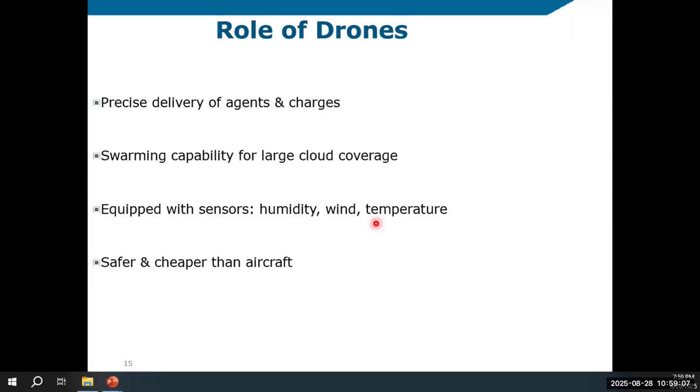But the artificial rainfall, even if it's very important for agriculture, my question is, are you hearing me, teacher? Yes.